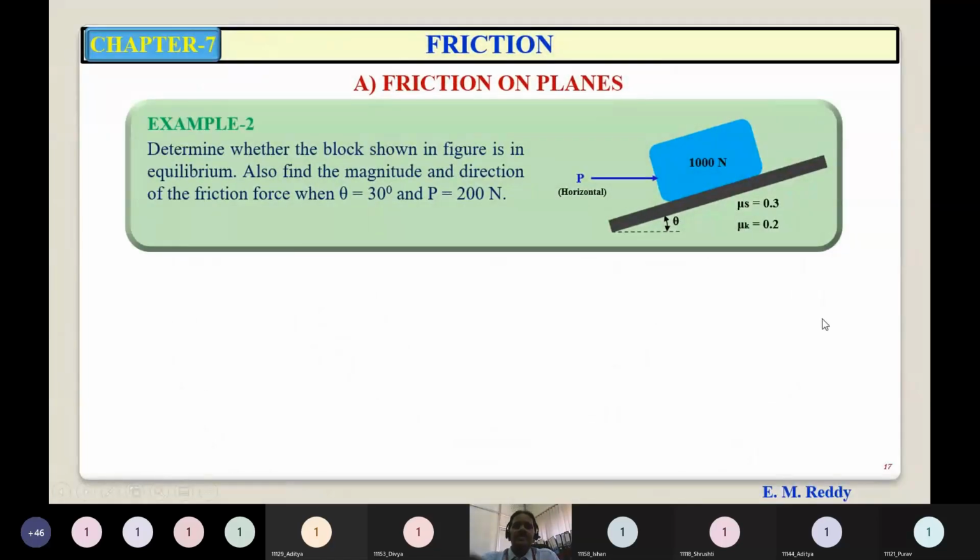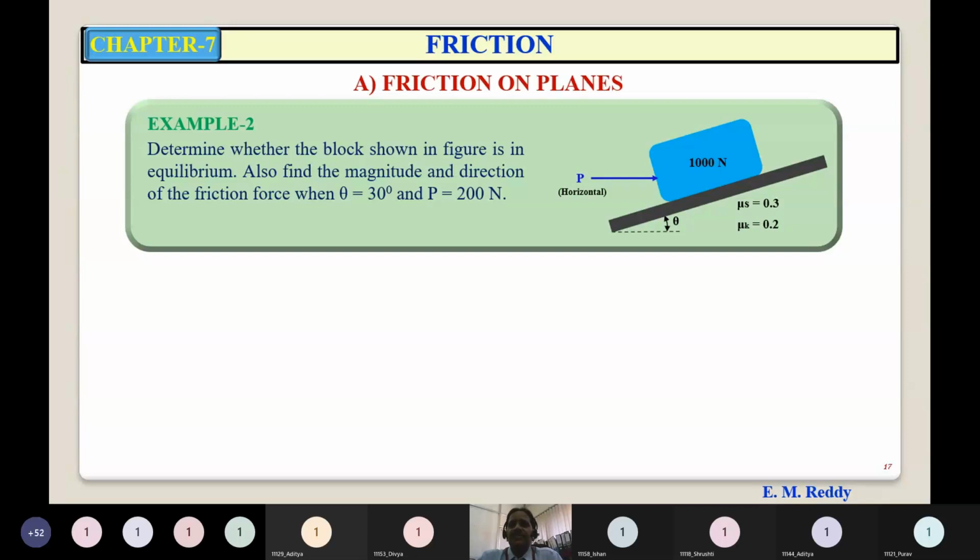Please note down this example. Determine whether the block shown in the figure is in equilibrium. Also find the magnitude and direction of the friction force when theta is equal to 30 degrees and P is equal to 200 Newton.